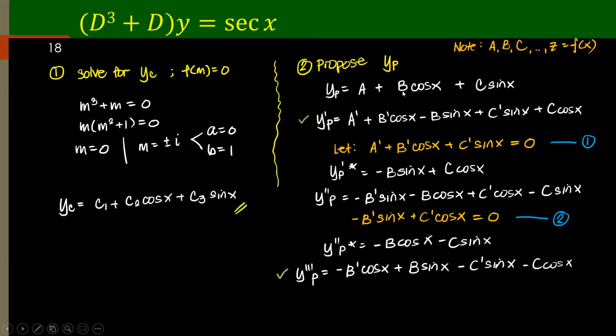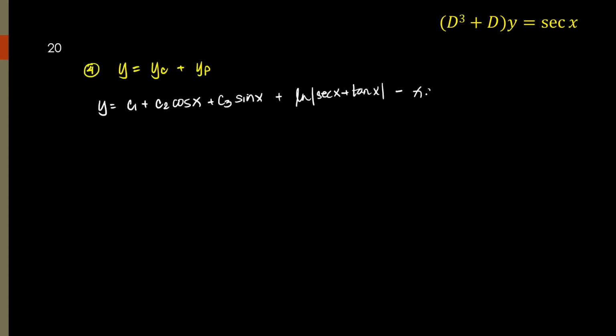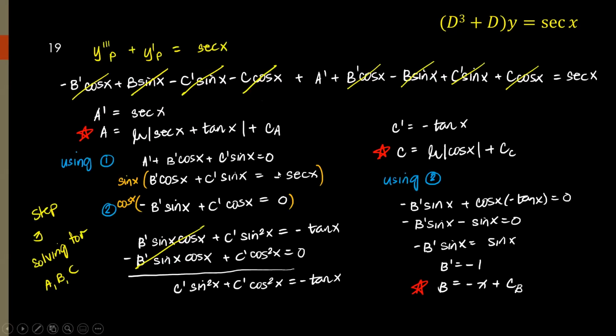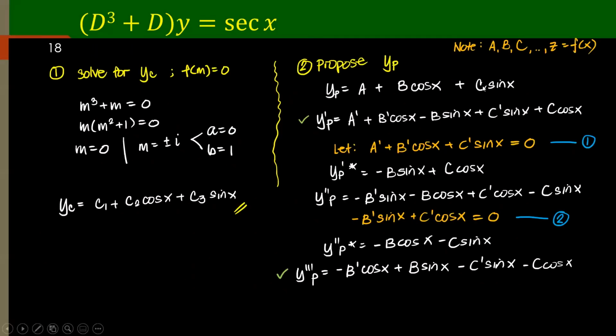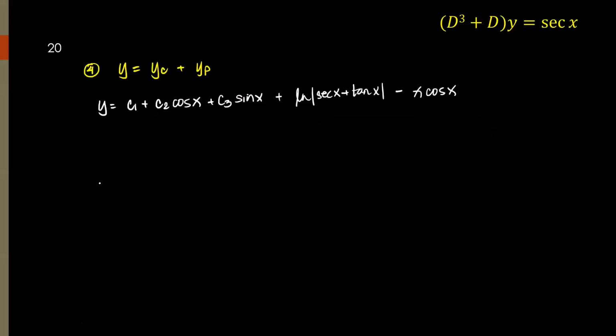And then b cosine of x, but what is b? It's negative x. So minus x cosine of x. And then lastly, c sine x, but what is your c? ln. So plus sine of x ln of cosine of x.